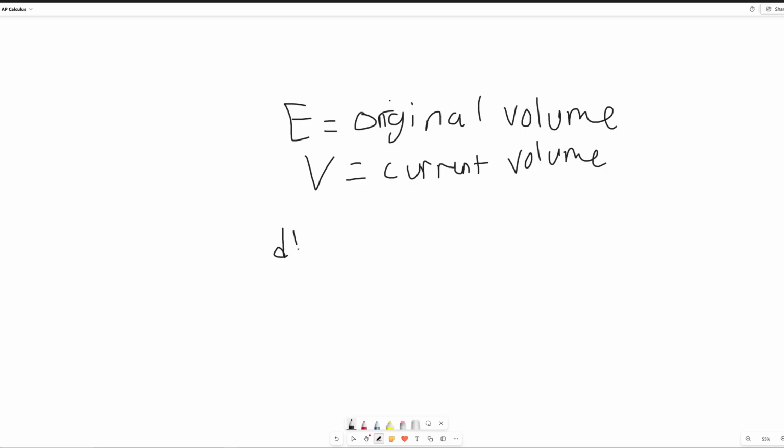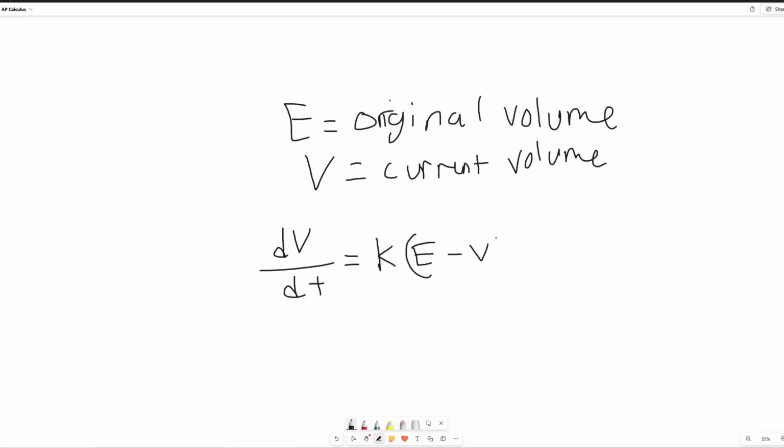You would say the change in volume with respect to time is proportional, so you have your K, proportional to the difference between the original volume and the current volume. So you would have this. If you think about this conceptually, this volume is going to go down because you have an original volume and you're losing volume.